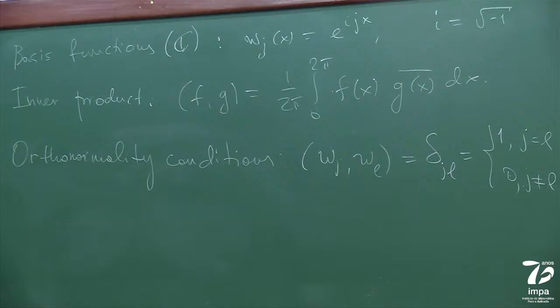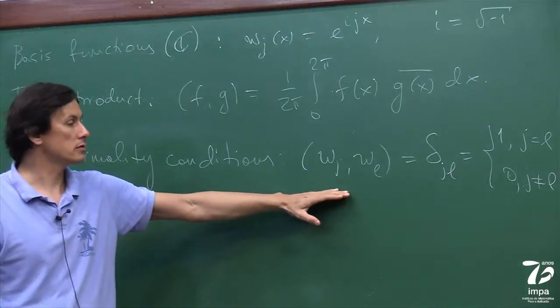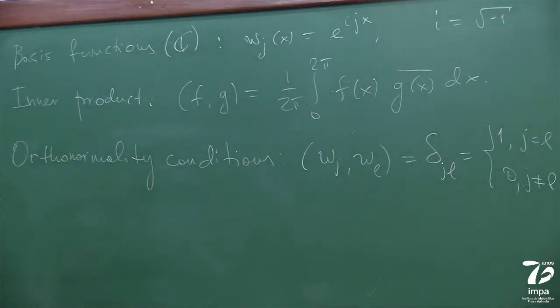So if you have the orthonormality condition, you can think that this is a basis. So let's just formally expand a function into the basis, just formally, and then we will prove what it means. This expansion is exactly what's called the Fourier series.